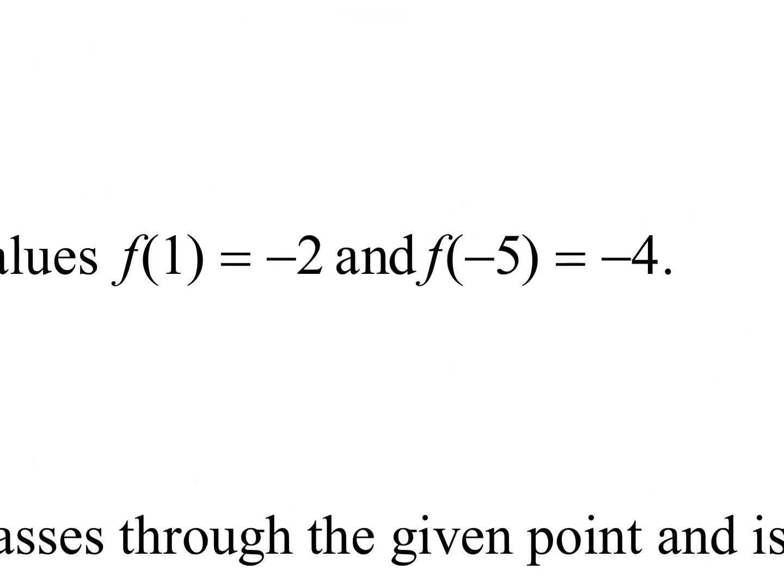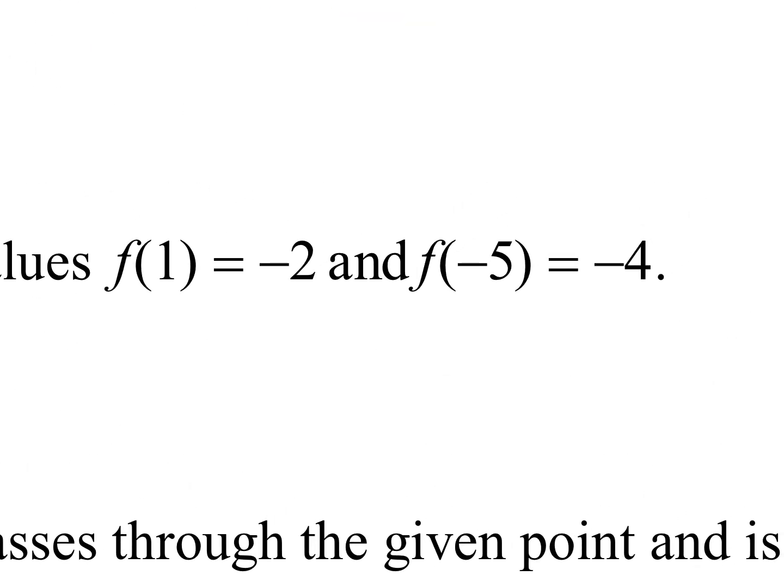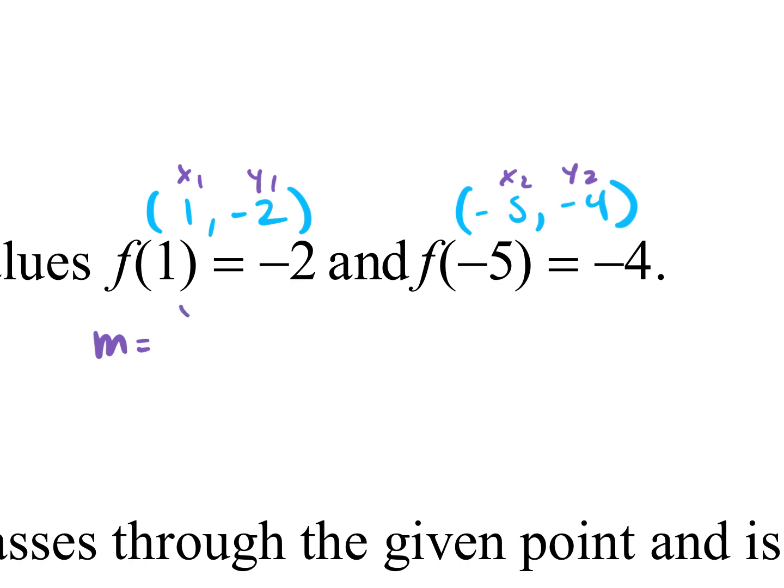So this is the same, but it doesn't give us the slope. So we're going to have to find it. So my points are 1, -2, and -5, -4. So this is x1, y1, x2, y2. To find my slope, I use y2 minus y1 over x2 minus x1.